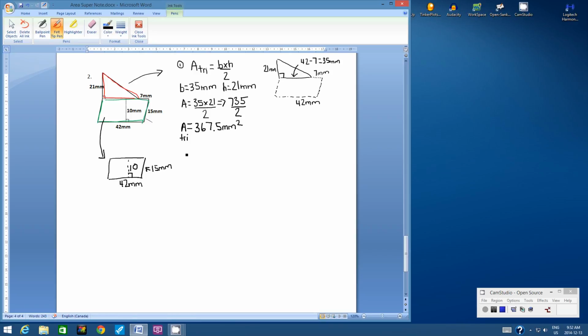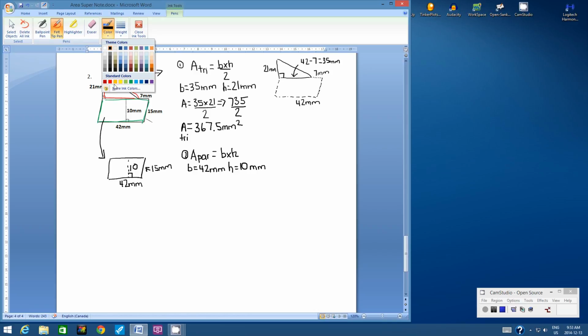Okay, so let's start part 2 of our answer. Area of a parallelogram equals, do you remember the formula? Base times height. Substitution line, base equals 42 millimeters, height equals 10 millimeters.